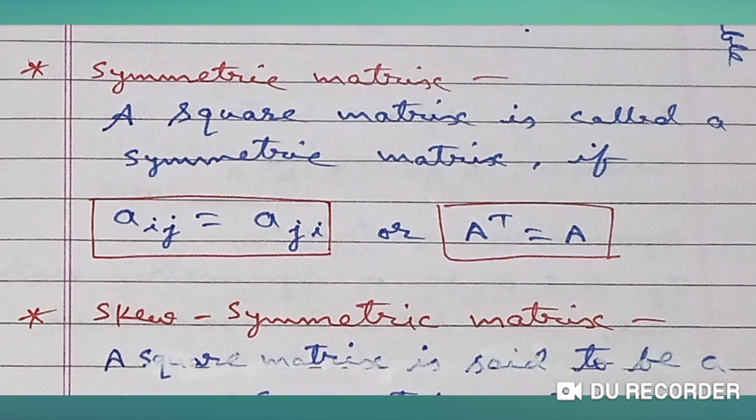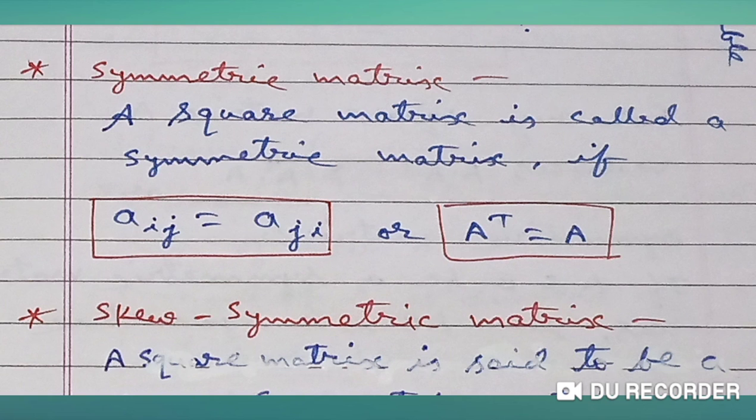This is also a very popular type of matrix, the symmetric matrix. A square matrix is called a symmetric matrix if the transpose of a given matrix is equal to itself. Understand this in these words: A is a given matrix, and we have to find its transpose.